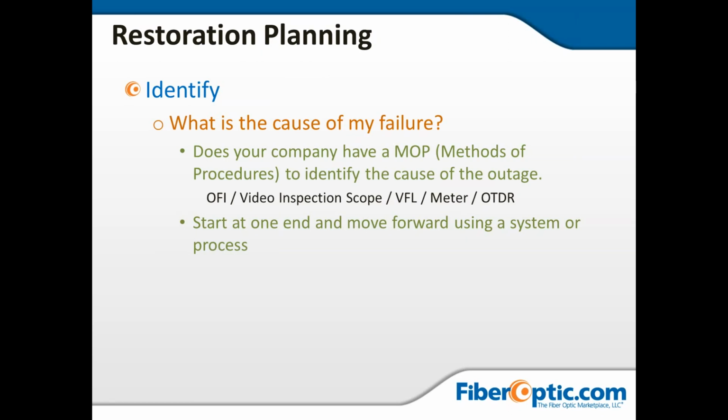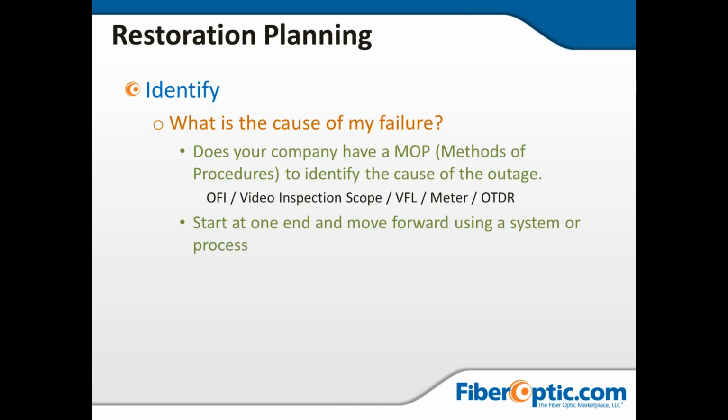Otherwise, if you look for a connector at the one end and you look for OFI and you see light, but then you run all the way down and you shoot it with an OTDR and you didn't follow those kinds of procedures through, you may not see a problem there, and then you have to work backwards, and you start jumping around and guessing, and everything you do starts to have its own dependent reaction, and you start to chase your tail and you're not really able to find where the problem is.